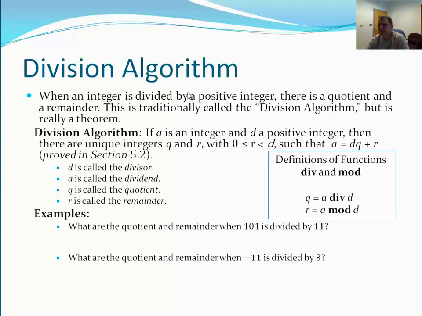So r has to be a value between 0 and d, such that a is equal to dq plus r. In the case of 16 divided by 5, the quotient is 3. So 3 times 5 is 15, remainder is 1, plus 1, 16. So a was 16.